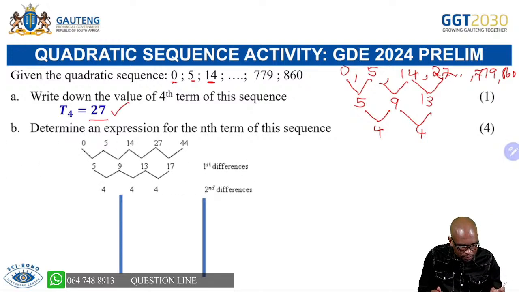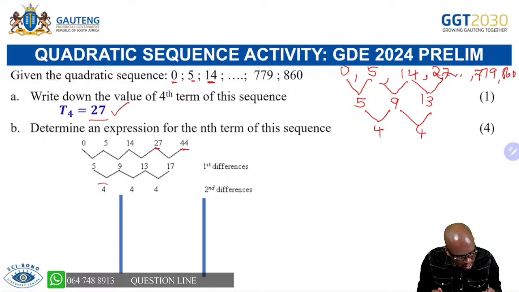Now moving on, we need the expression for the nth term. We've worked out the fourth term and the fifth term, and we've worked out the first differences and the second differences. Now we want an expression for the nth term.